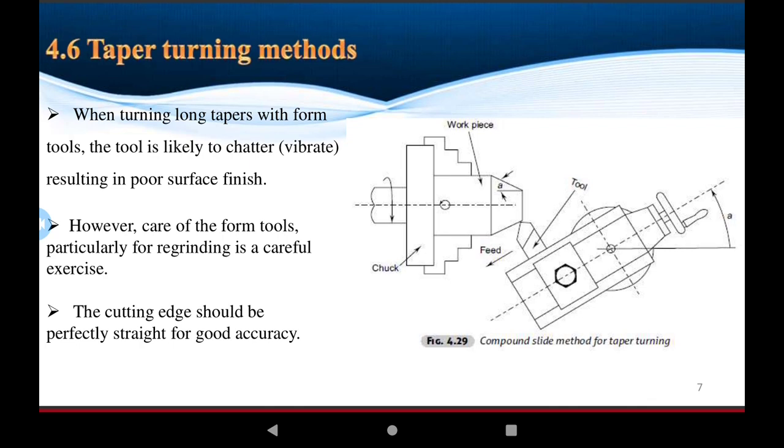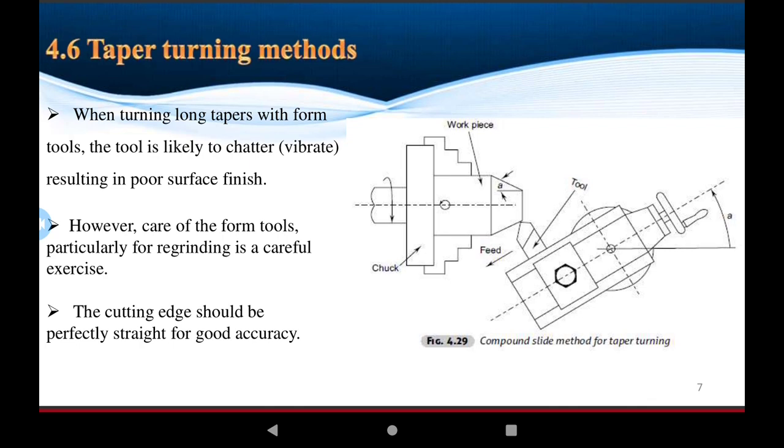When turning a long taper, suppose the job is very long, the tool is likely to vibrate, resulting in poor surface finish.